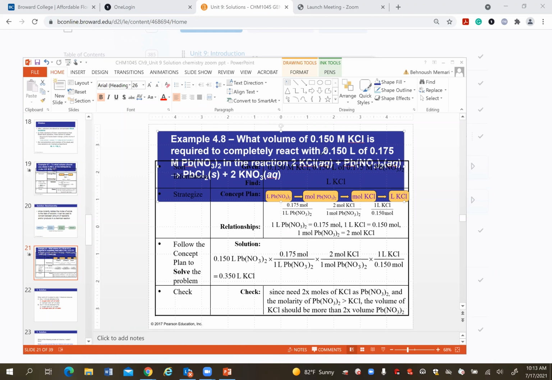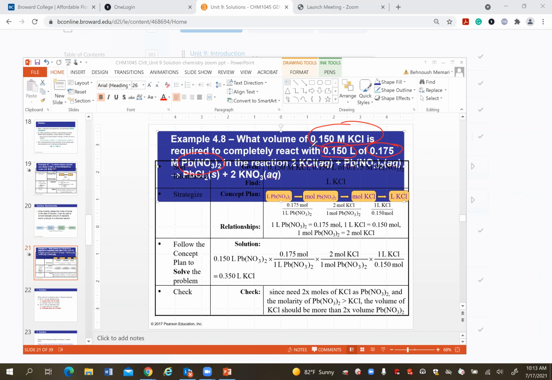So for lead nitrate, I have both volume and I have the molarity. So lead nitrate is given. What I'm looking for is KCl. For KCl, molarity is given, volume is not given. So I have to find number of moles of KCl first.